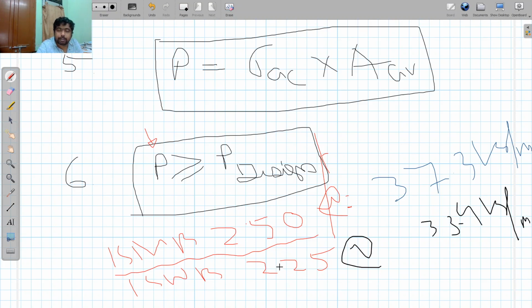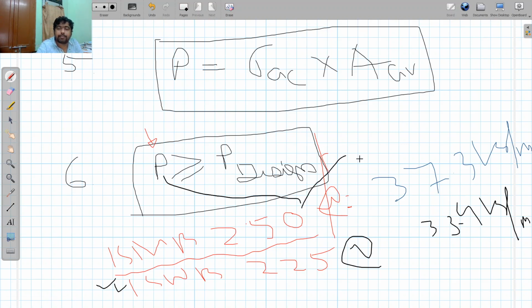Okay, so which one is economical here? Economical here is the second one. Now you design it and check, out of these two, which one is giving you the higher load, I mean to say higher P value.